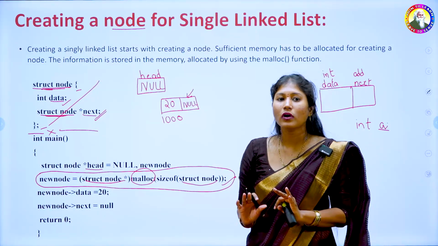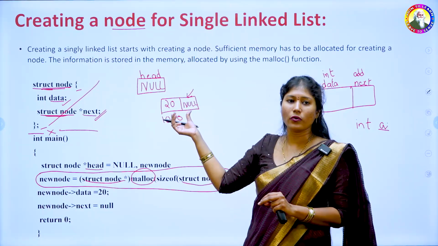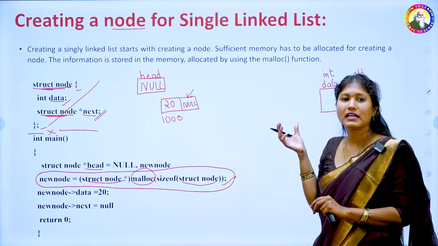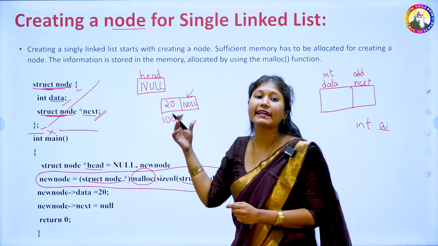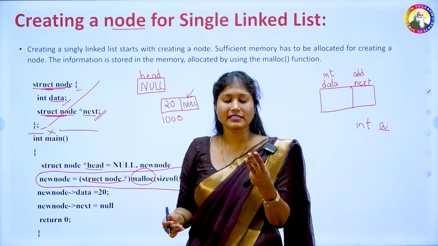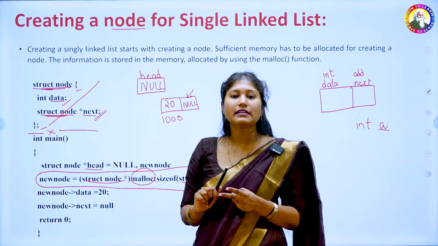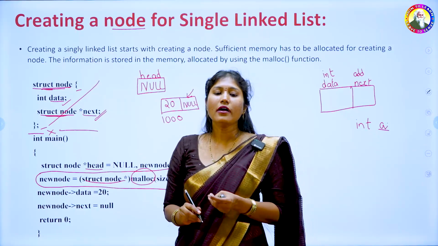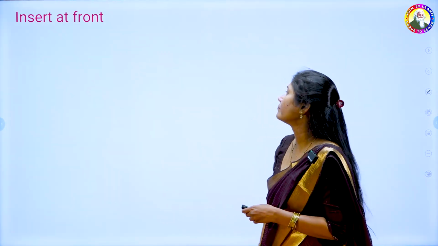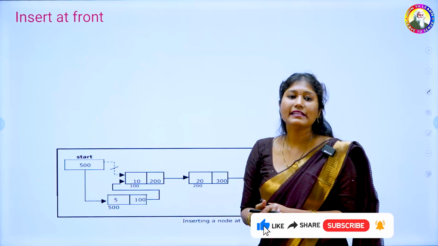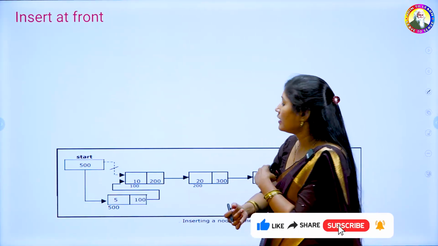Now what I have to do is insert this node in the single linked list. Now how can I insert this? I can insert in 3 ways: insert at the front, insert at the end, and insert at the middle at a specified position. Now we are going to see insert at the front.